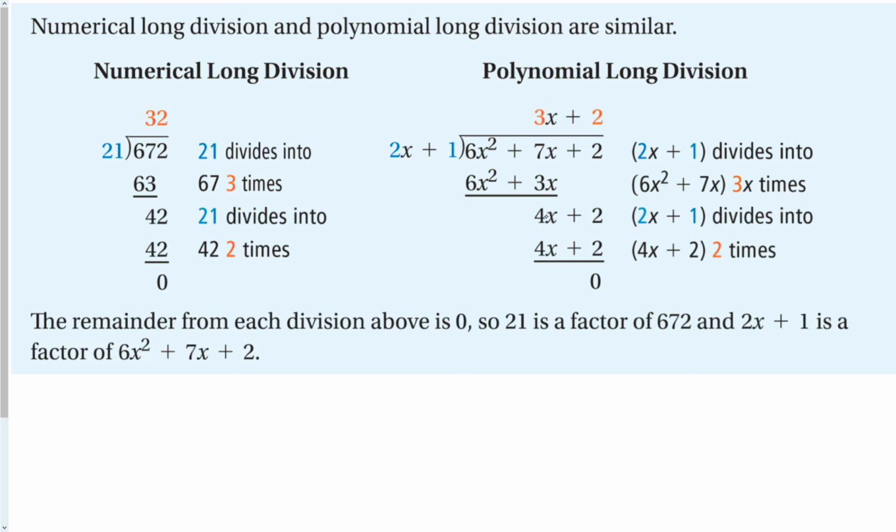Multiply to get here, subtract, bring down the 2, and we're going to look at this in similar ways to the numerical long division. And the remainder from both of these is 0. So that means 21 is a factor of 672 as well as 32. And it also means that 2x plus 1 is a factor of 6x squared plus 7x plus 2, as well as 3x plus 2 is the other factor.